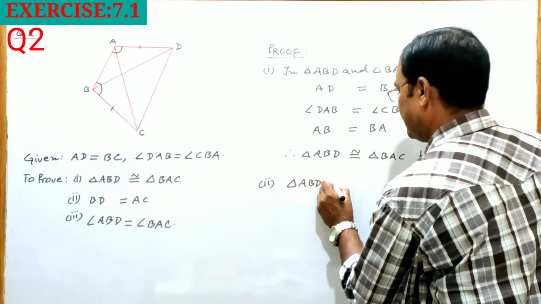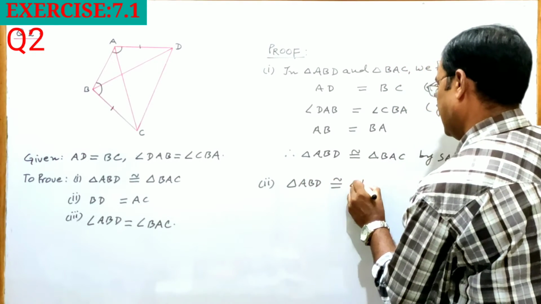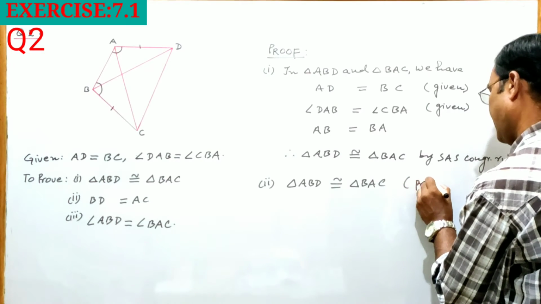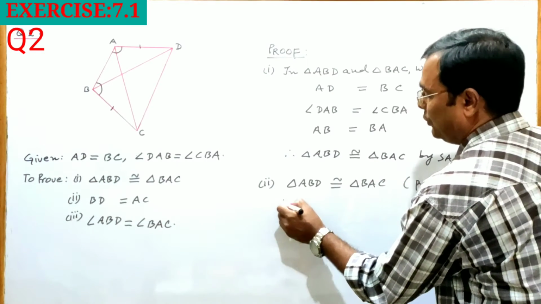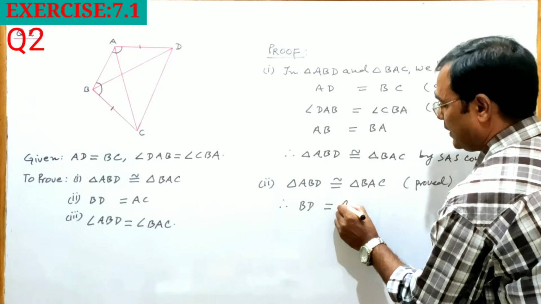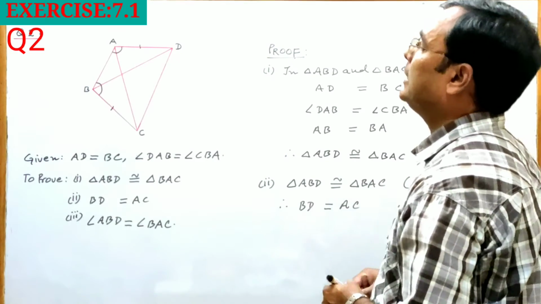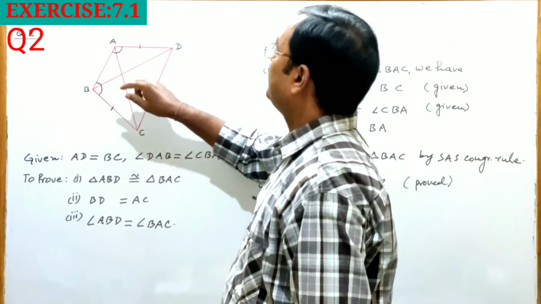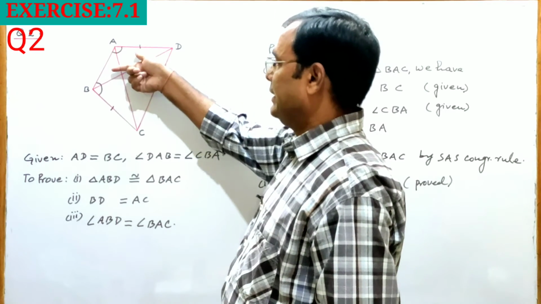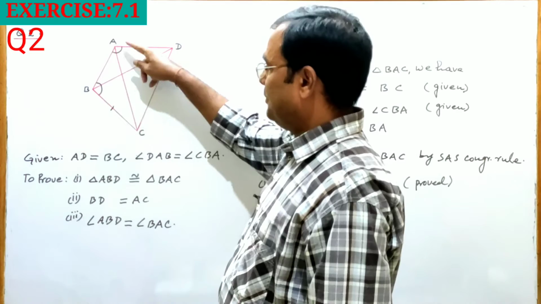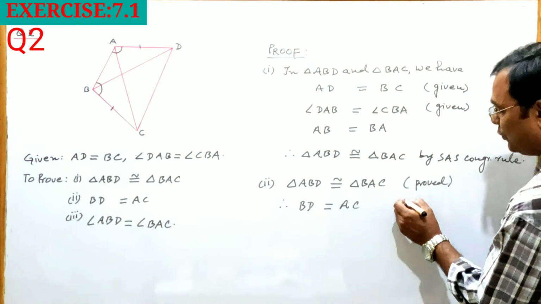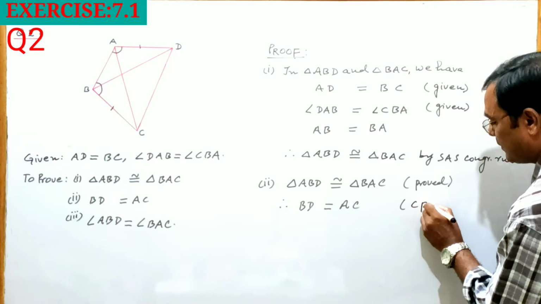Triangle ABD is congruent to triangle BAC, that is proved. Therefore, BD is equal to AC, because BD and AC are corresponding parts of congruent triangles ABD and BAC. So that's why BD and AC will be equal by CPCT.